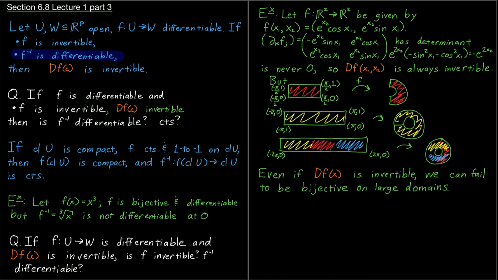You'll remember that on the small rectangle up near the top, we were bijective, and it turns out that if your derivative is invertible, the function has to be invertible on all small enough domains.